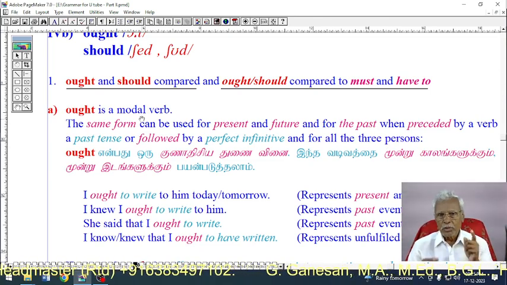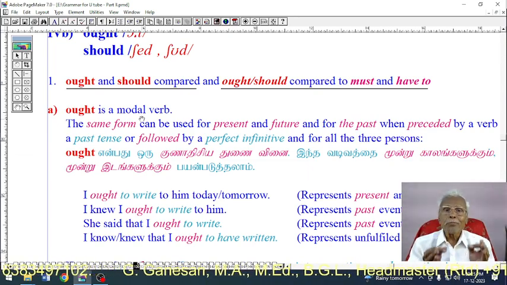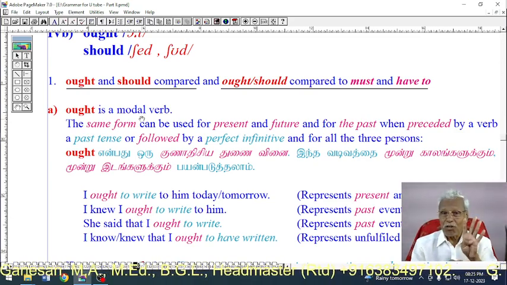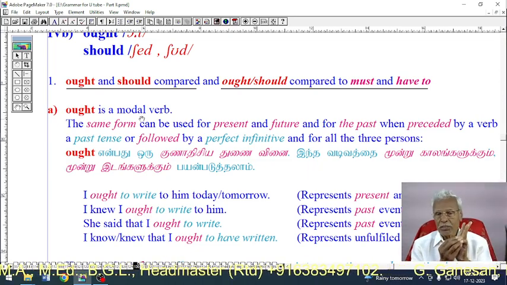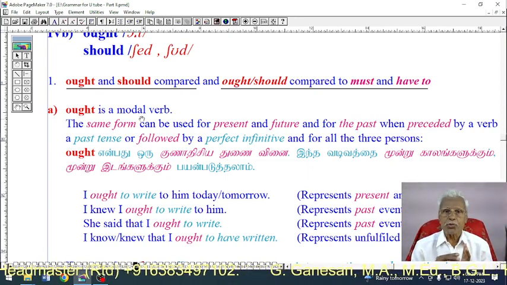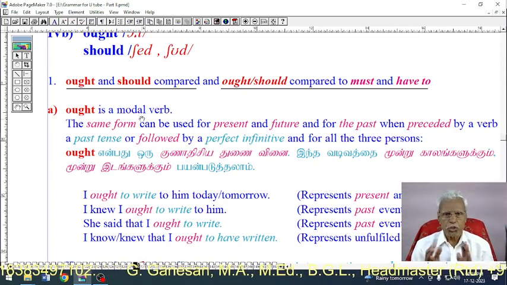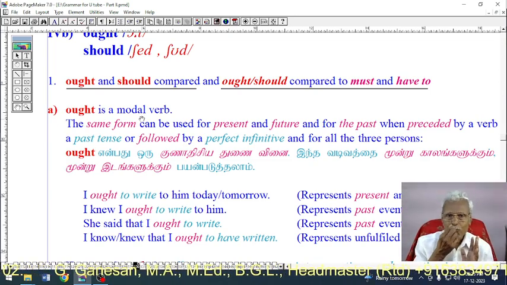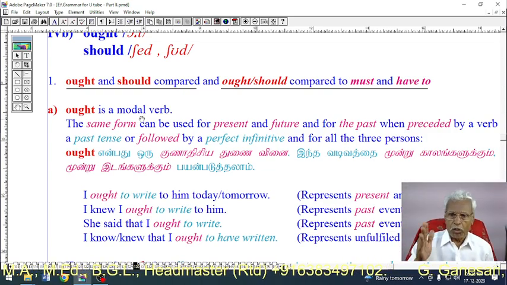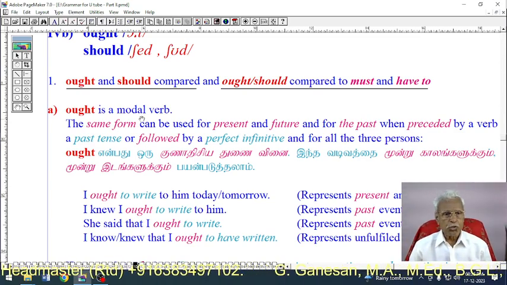Dear students, the word O-U-G-H-T, ought, has the same form for present, past and past perfect. Ought is used for present tense and future tense, and for past tense, O-U-G-H-T is the form.